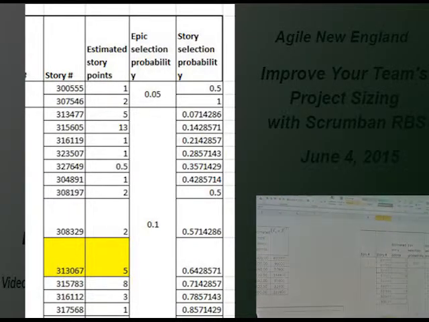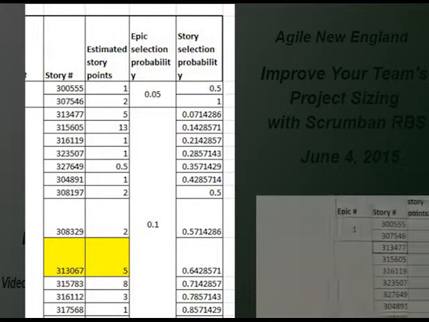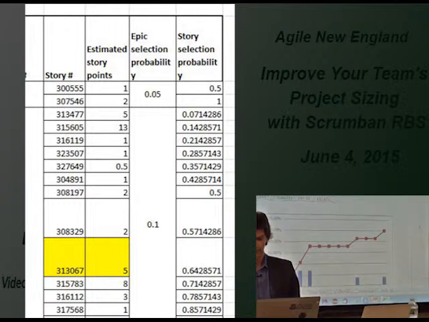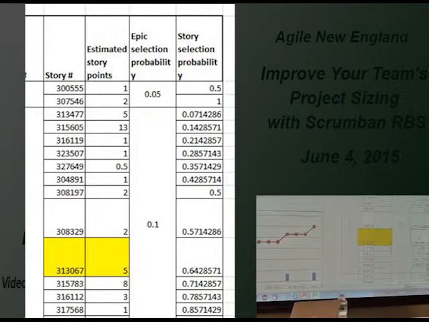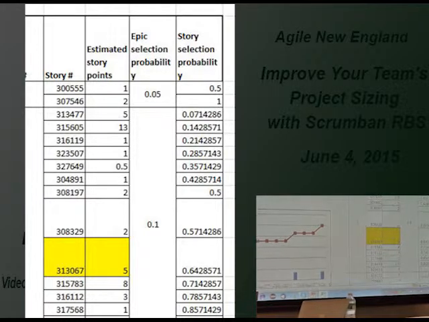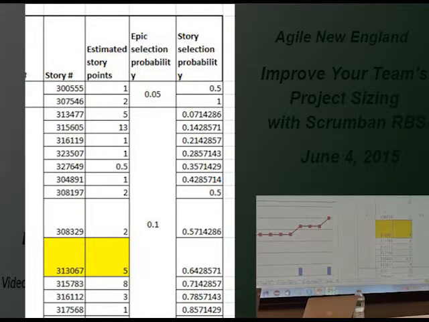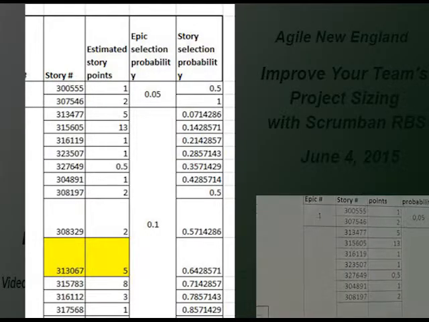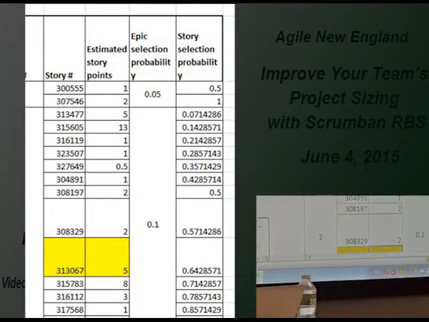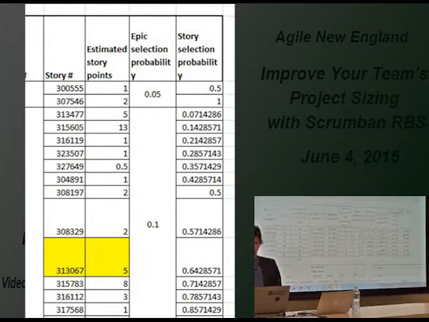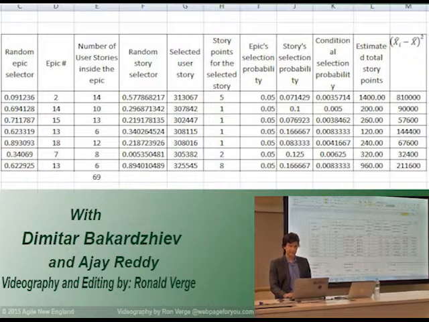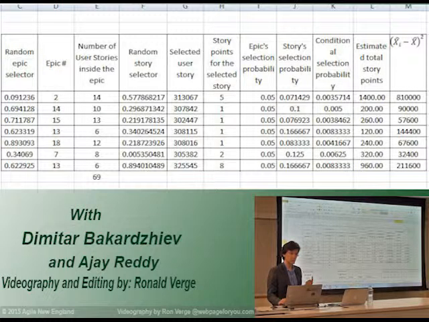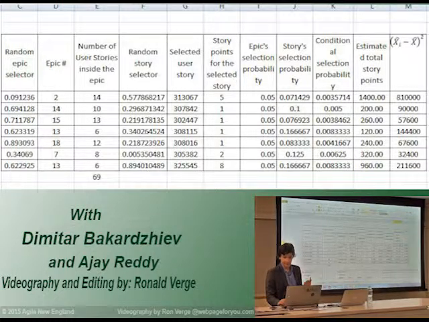For each of the user stories, because we have 14. That's the selection probability, and that's the user story that I select. And I find the estimated story points for this user story, which is 5. And based on the estimator, I find that based on this sample, the estimated number of story points for all 20 epics is 1400.